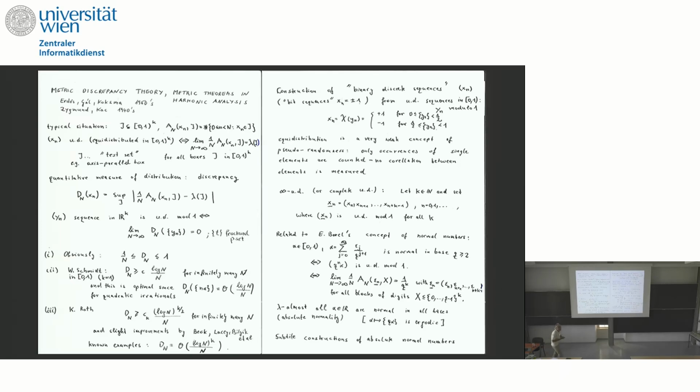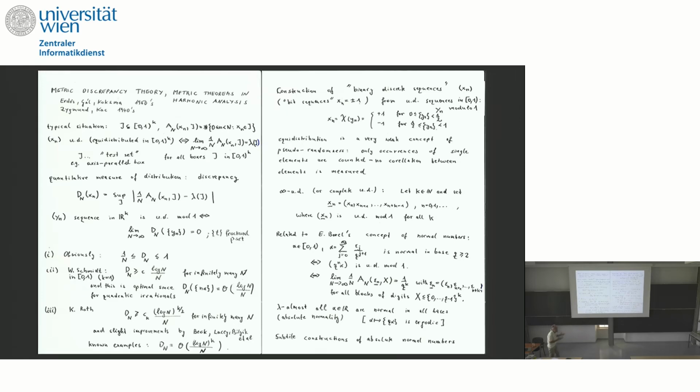And it's an easy exercise, in fact one of the first exercises I did in the book, to show that the sequence is uniformly distributed if and only if the discrepancy tends to zero. One direction, of course, is trivial. The other direction is simple topology. But it's a nice exercise.